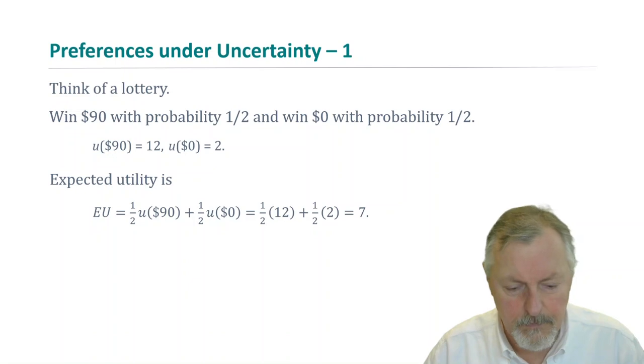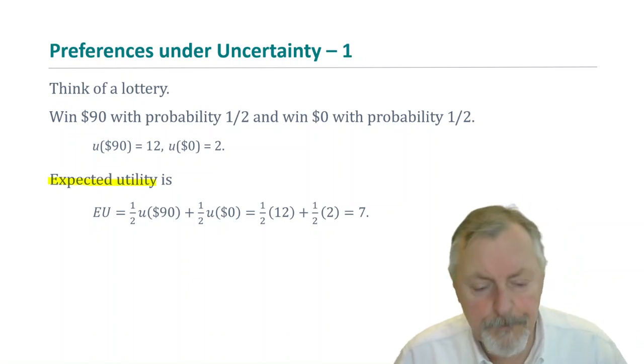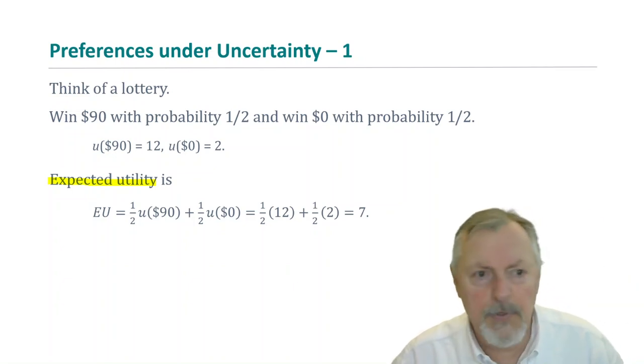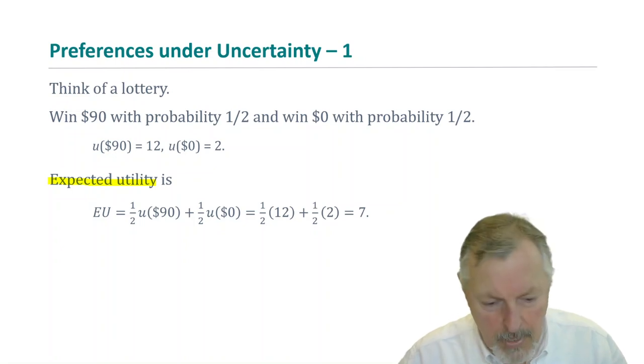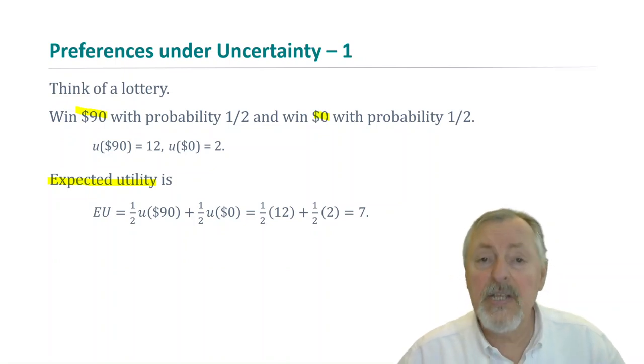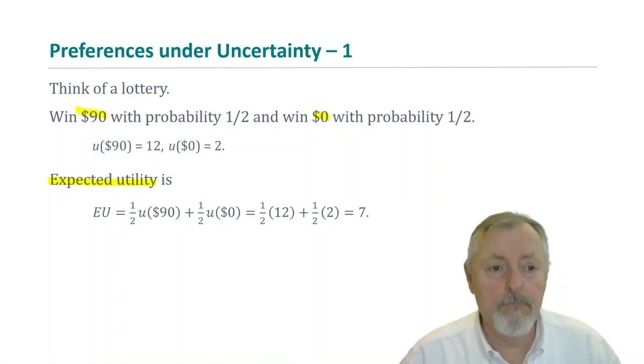It's one name for it. Let's say you're sure that it's going to be a 50-50 outcome, a flip of a fair coin, and you believe if it comes up this way, you'll get $90, that way you get nothing, and there's an equal chance of both of them happening.